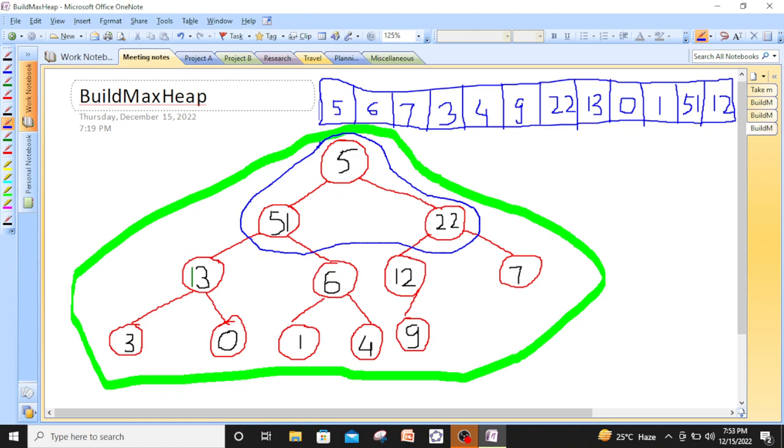You see, I have taken the subset of the node 5 with its first children, and among these you observe that 51 is the largest. So 51 and 5, the node 5, will be interchanged.